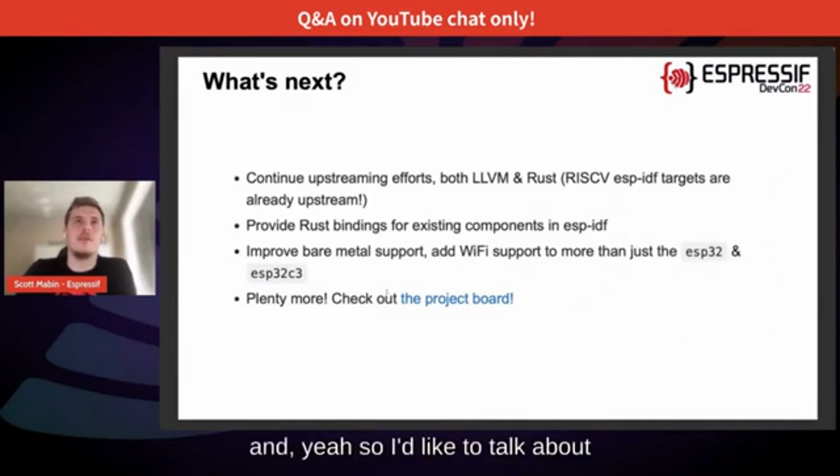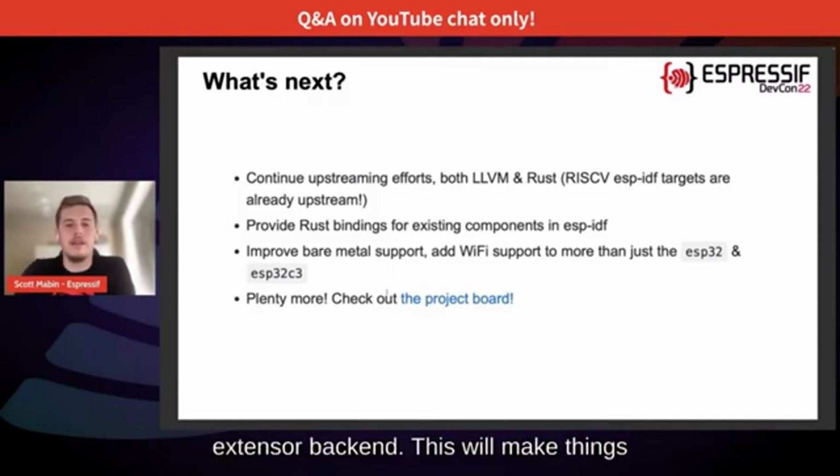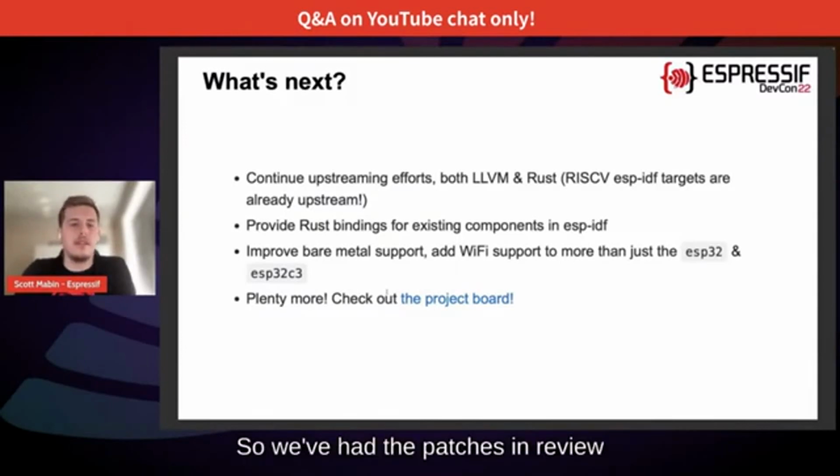I'd like to talk about what we want to do next. We'd like to upstream our LLVM Xtensa backend. This will make things simpler for everyone, including ourselves. We've had the patches in review for a few years, but we're making a really strong effort right now to try and get some more coverage on that.